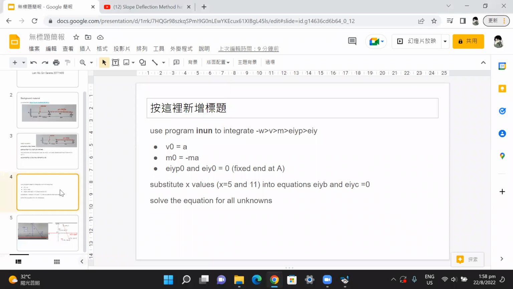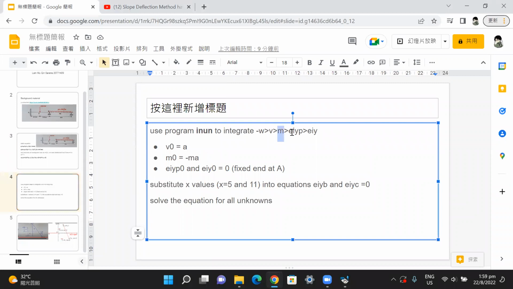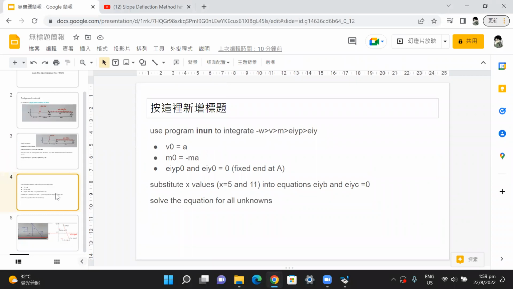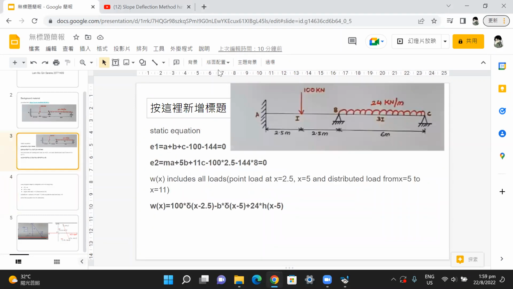And then after we get E1, E2, and the W function, we could integrate to get V, M, EIY prime, and EIY. In the V function, we will know that V naught is A here. And M naught is negative MA, because here MA is anti-clockwise, which is negative.